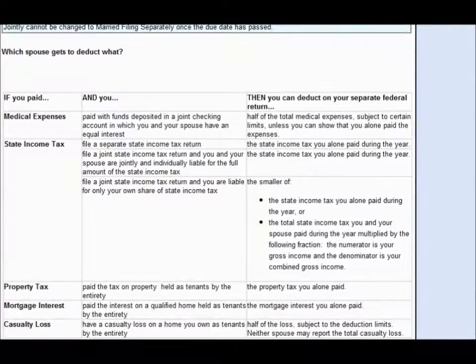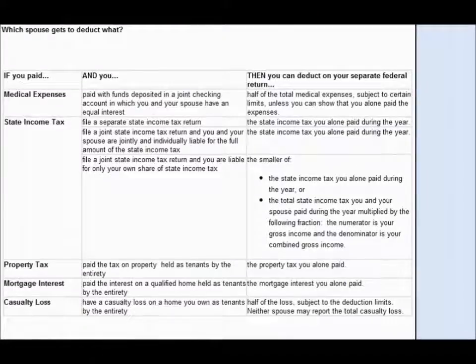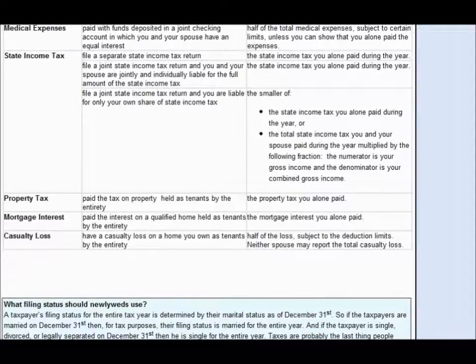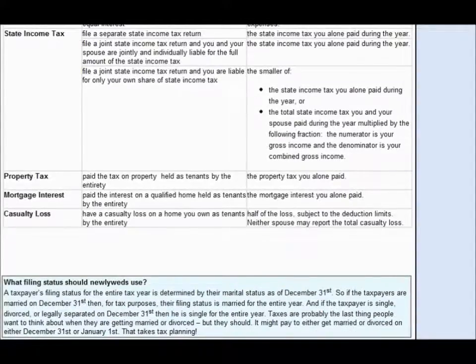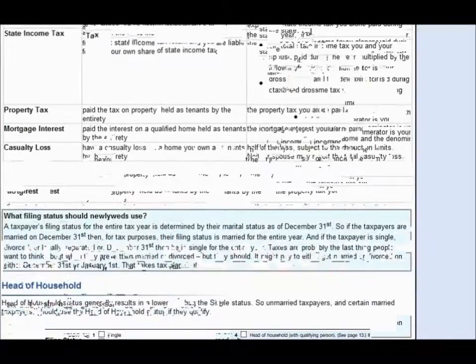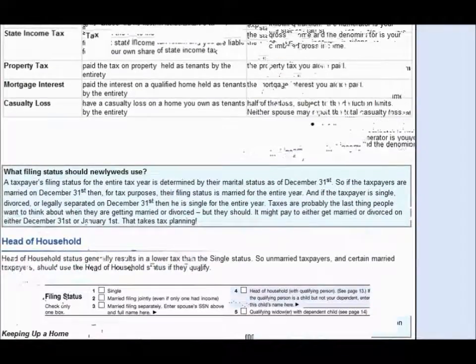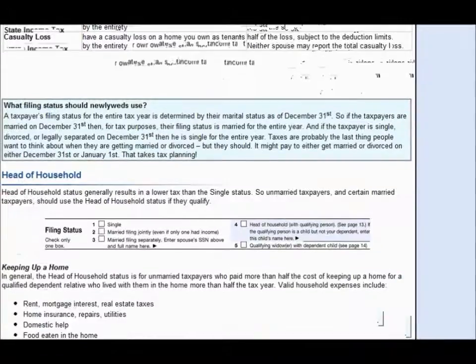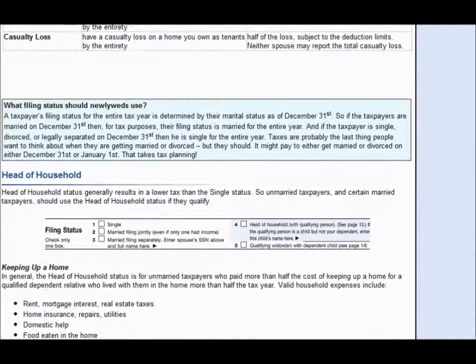Take a few moments to read which spouse gets to deduct what. Great. Now let's move on.